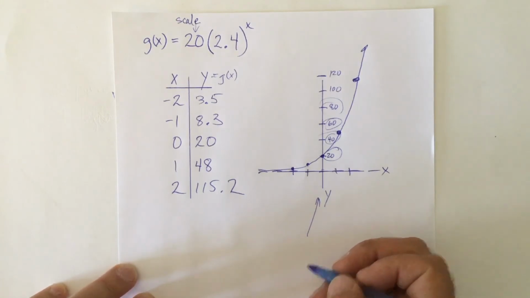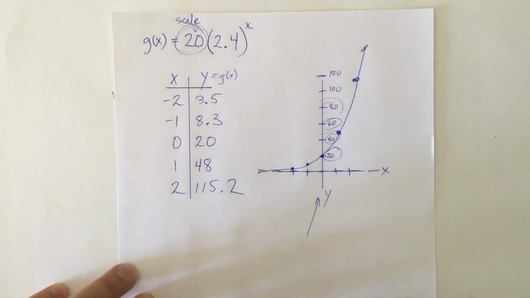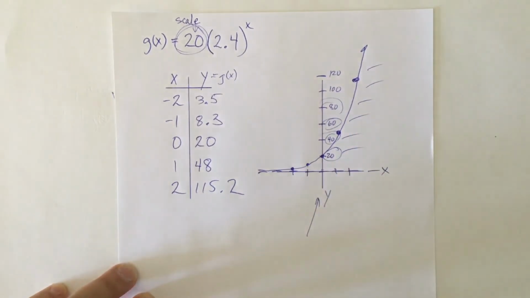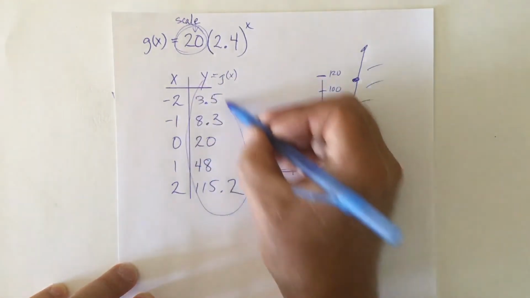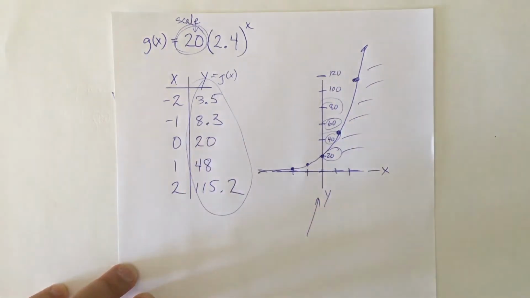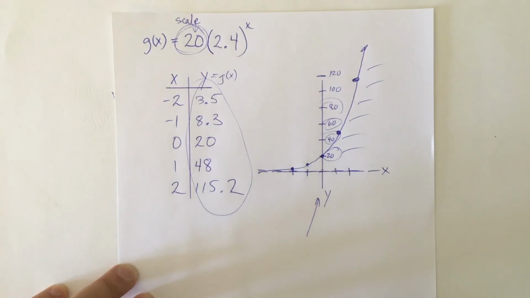This is the first time I had a scalar, but whatever that scalar is, that's going to adjust my scale. So it's very easy. This is just me rounding off some decimals, and this is me plotting those points. That's all I'm doing. Let's look at one more example like this.